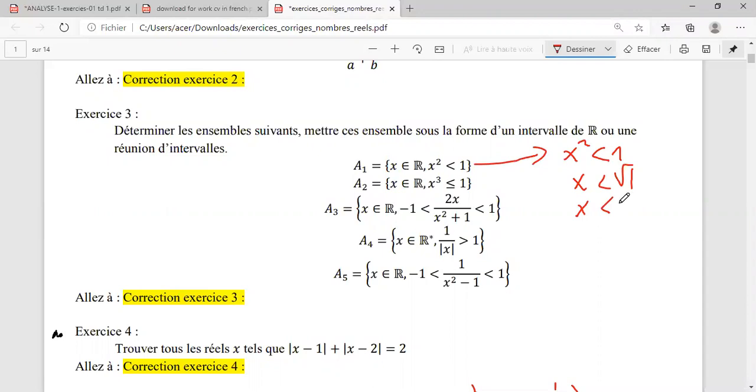It's 1, plus or minus 1. So how do you write this as an interval or union? We're going to have a union of -1 and +1. And voila, that's your answer for A1. Very, very simple. Is that okay?